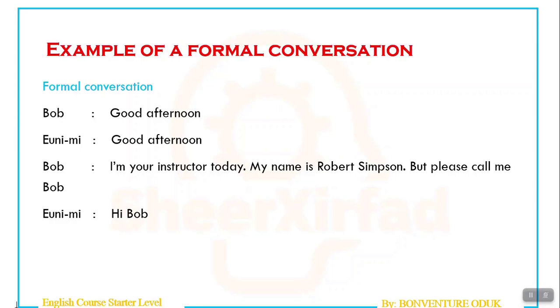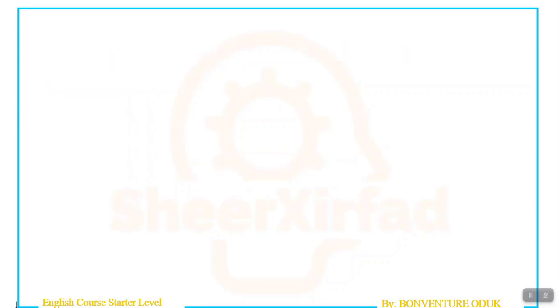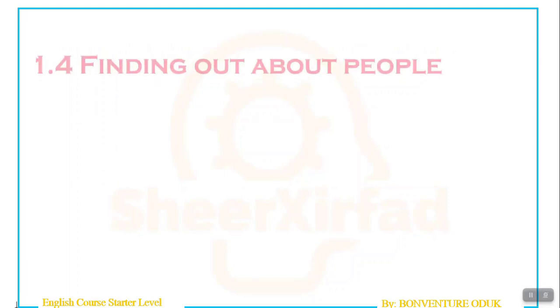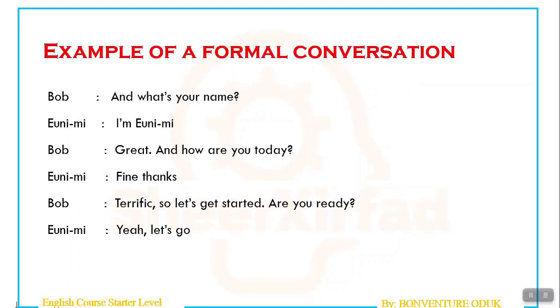My name is Robert Simpson, but please call me Bob. Hi, Bob. And what is your name? I am Uni. Great. And how are you today? Fine, thanks. Terrific. So let's get started. Are you ready? Yeah, let's go.